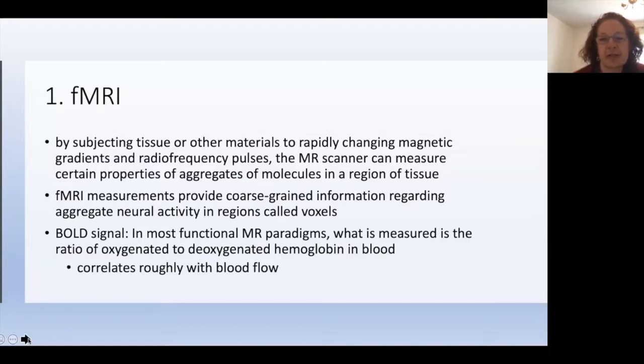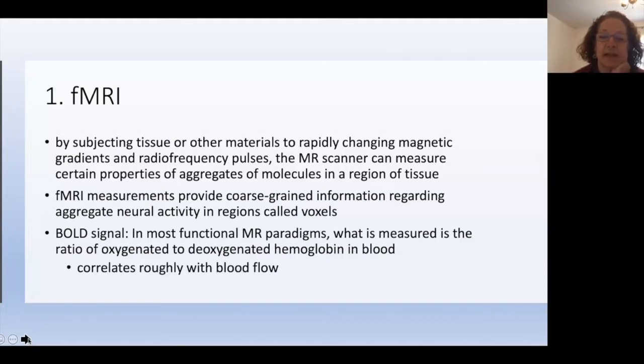They're essentially three-dimensional pixels, so bits of brain tissue that encompass many, many millions of neurons. But what you're looking at is some correlate of the activity of these populations of neurons in the voxels. So the BOLD signal, which stands for blood oxygenation level dependent signal, looks at the ratio of oxygenated to deoxygenated blood.